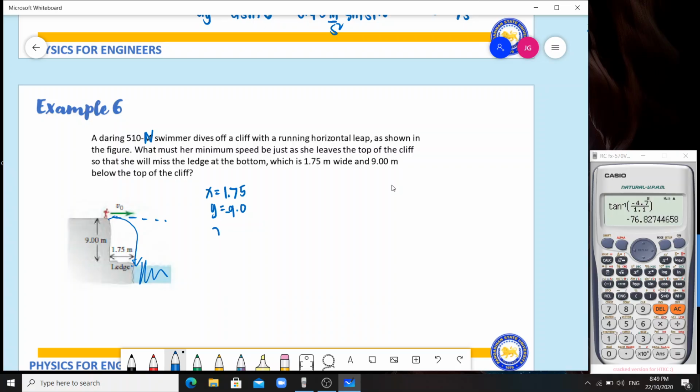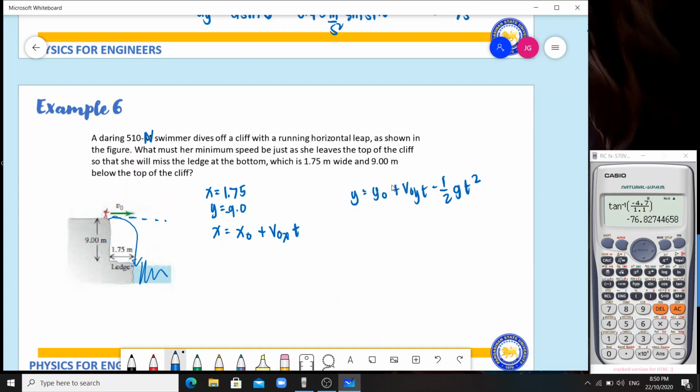Ang x is x0 plus VOXT. Ayan. And ang y natin is y0 plus VOYT minus 1 half GT squared.